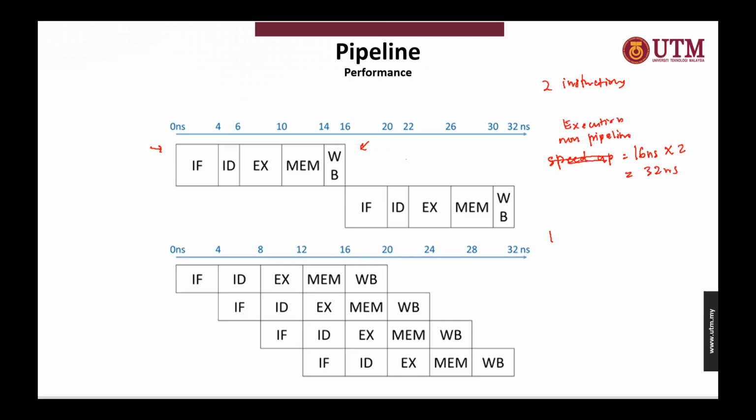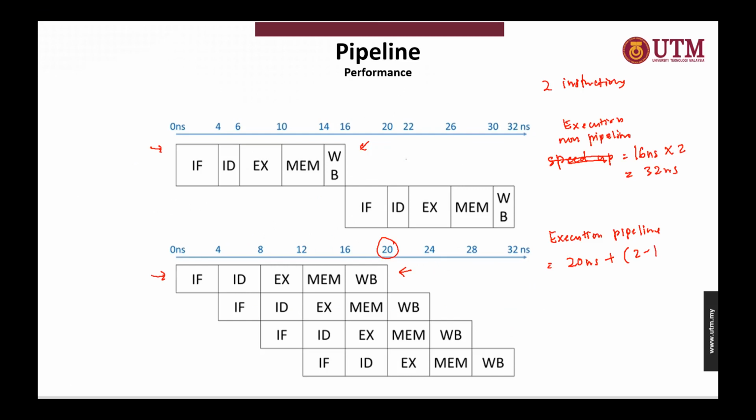What about execution for the pipeline? One instruction costs you 20 nanoseconds, plus 2 minus 1.